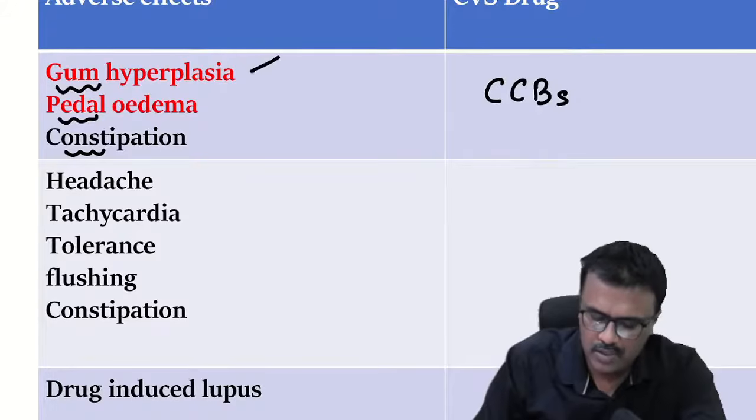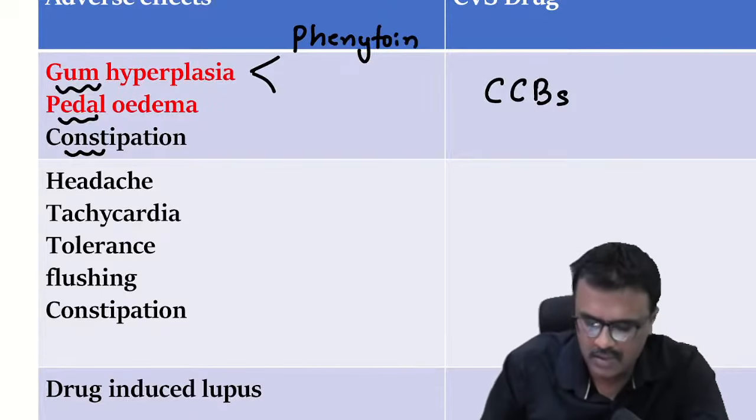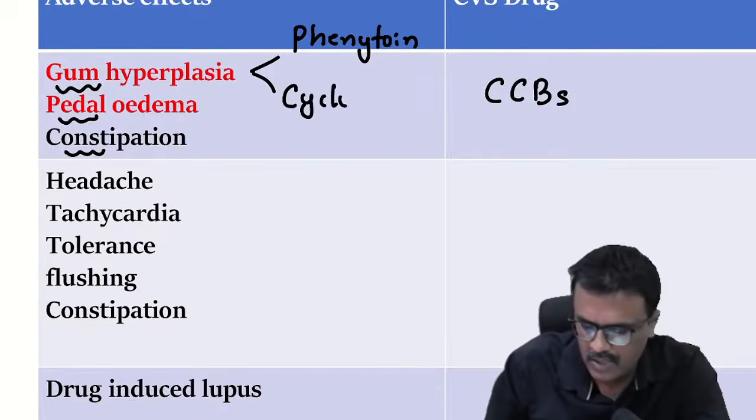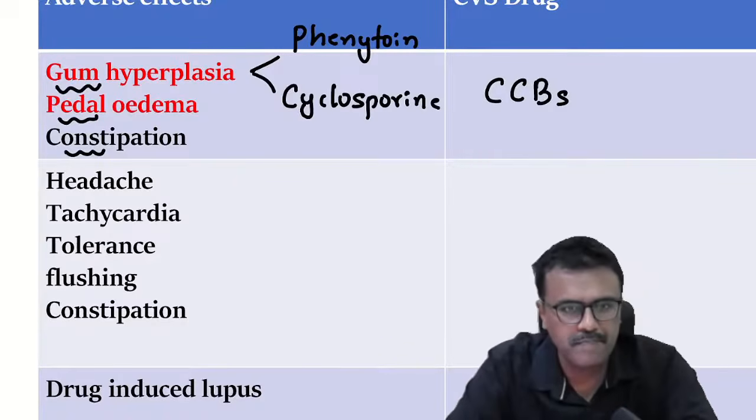What are the other two drugs which cause gum hyperplasia? An anti-epileptic, phenytoin, and an immunosuppressant, cyclosporin.